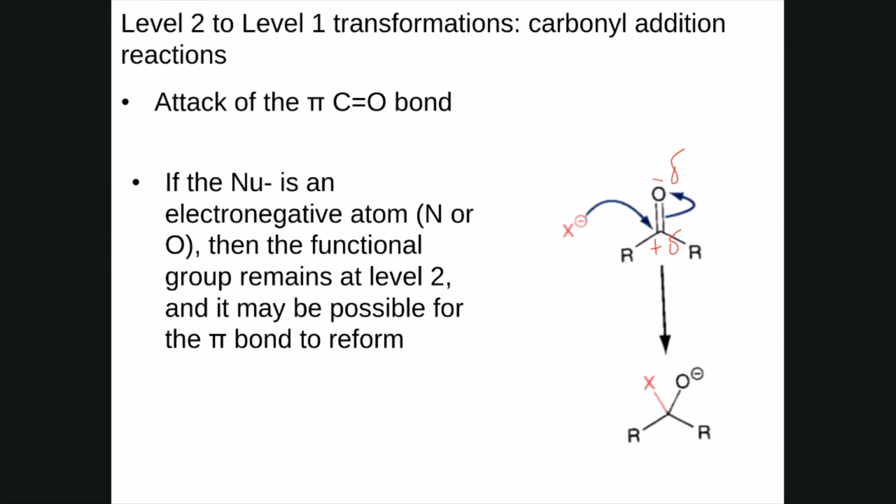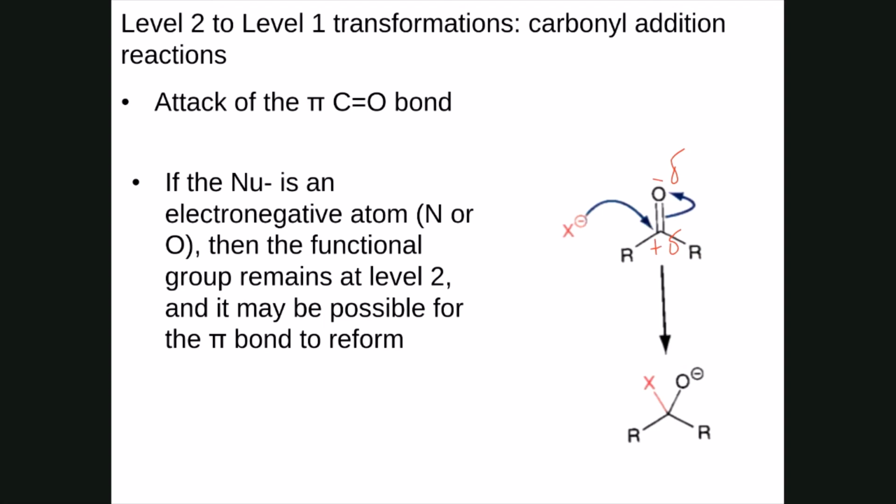The attack of the nucleophile, represented here by the X, on this carbon with a strong partial positive charge results in that first structure, in which the new fragment of the molecule, the nucleophile, has attached itself to the structure.